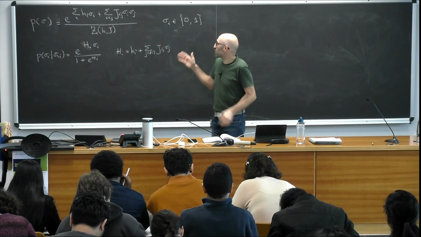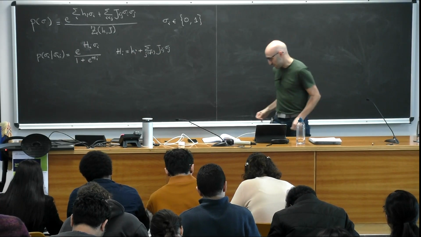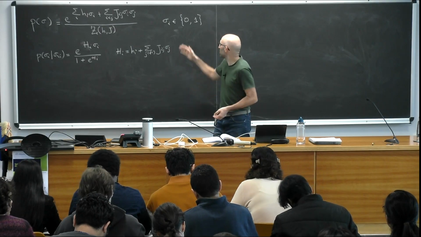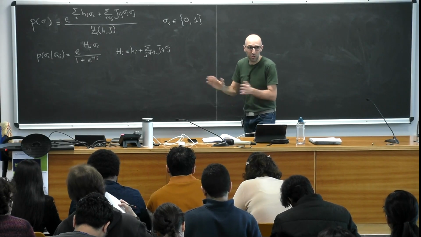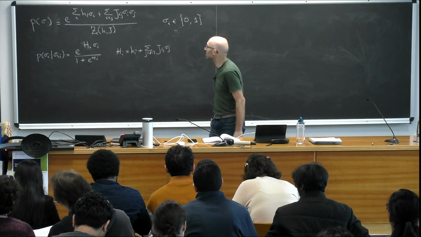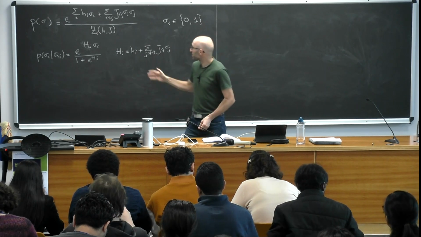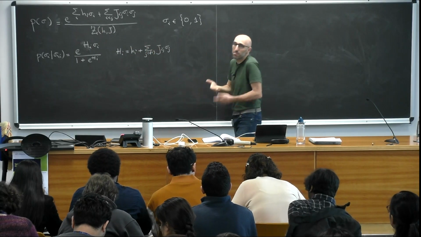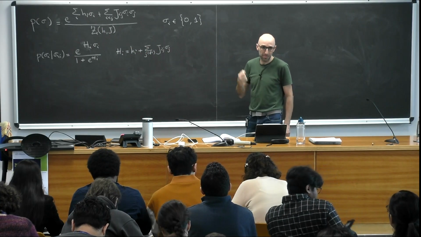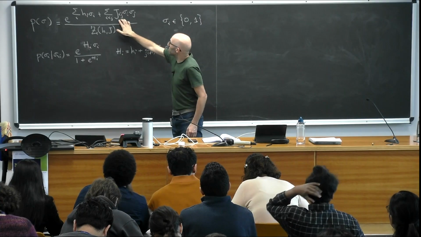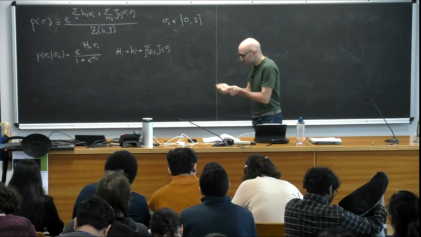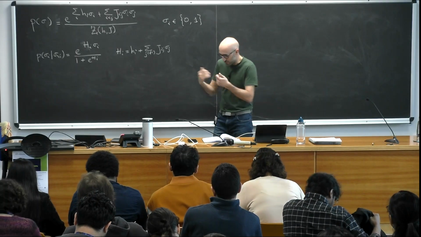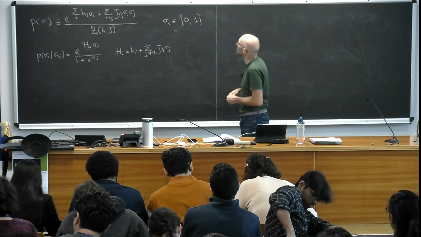So you can think of these binary variables, for example, as recordings of neurons in a given time bin. You can say 0 means that the neuron is not spiking, and 1 means the neuron is spiking. And you would like to infer these parameters. The h_i will tell you the probability of neuron i being active, and the J_ij will tell you the coupling between neurons i and j, which is related to the probability of both being active.